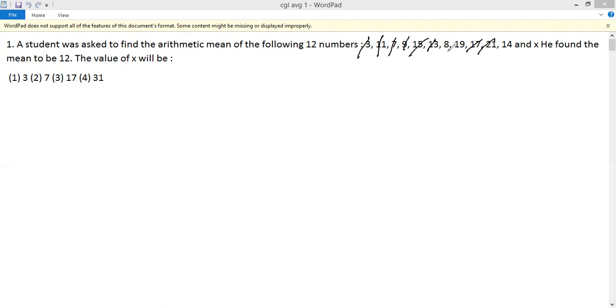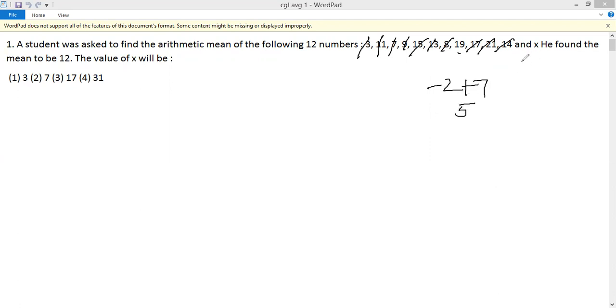Next, check here. 8 plus 14 what? 22. 22 minus 24, minus 2. Next, 19. 19 minus 12 means what? Plus 7. What? 5. Total is 5.